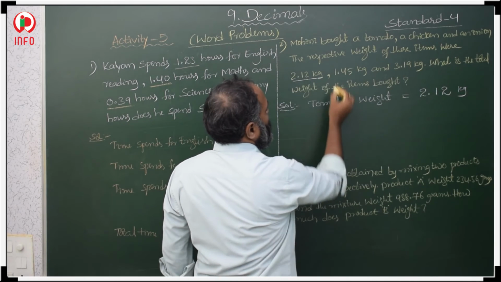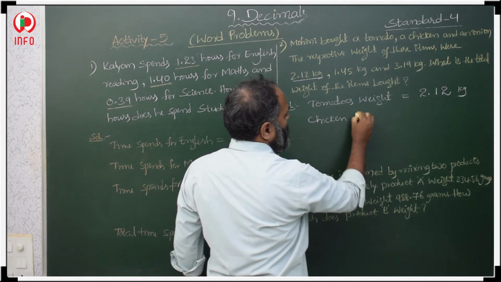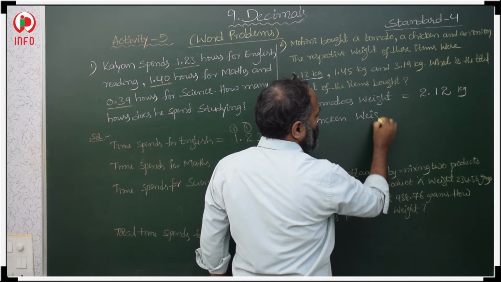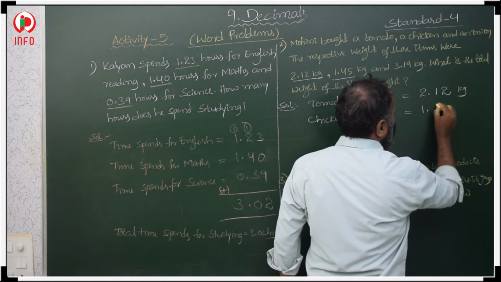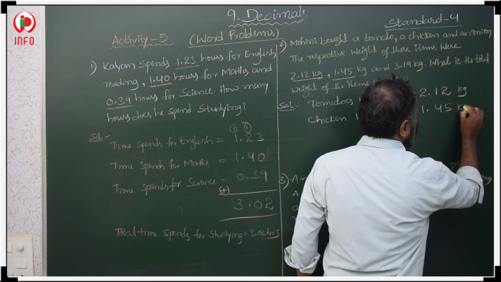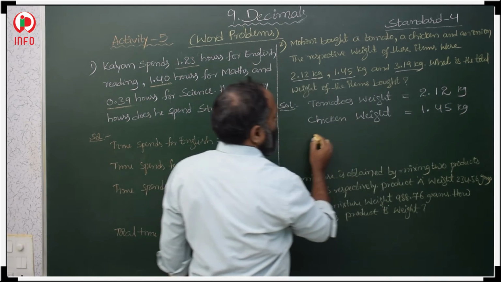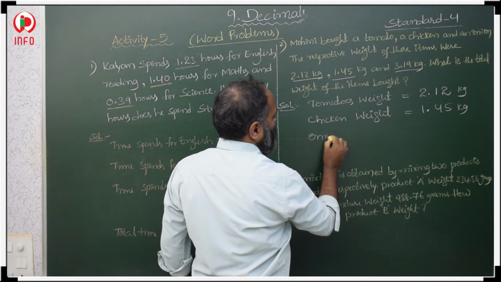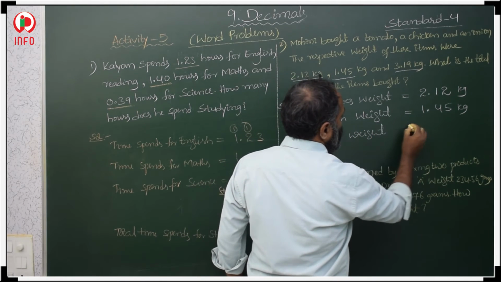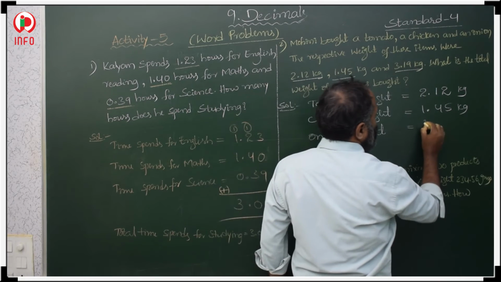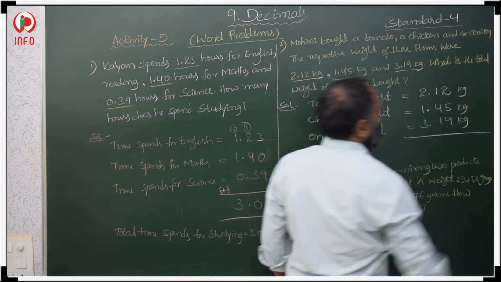This is tomato. Next chicken weight. It is 1.45 kg. Next, this is onion weight. Onion weight, how much is it? 3.19 kg. Okay.